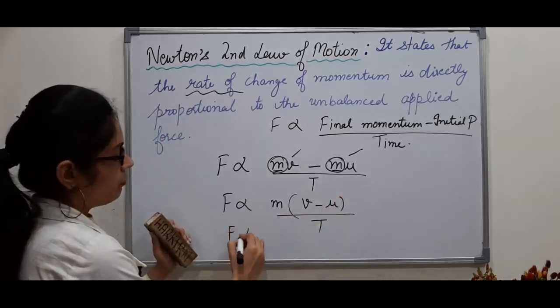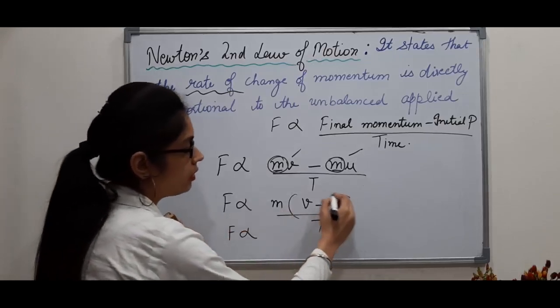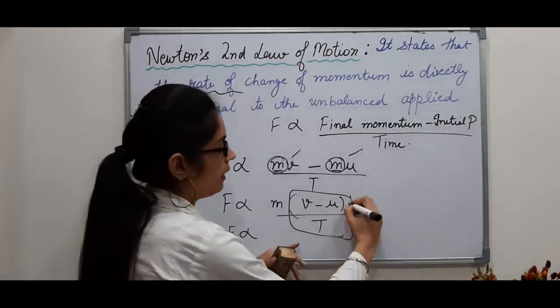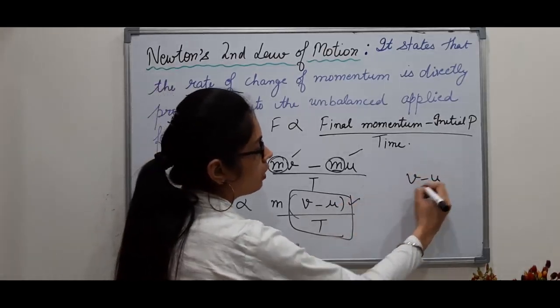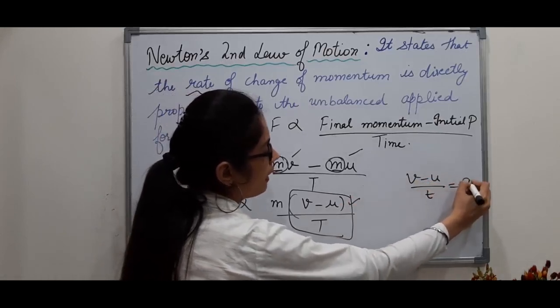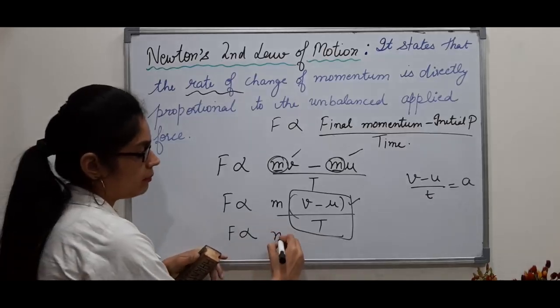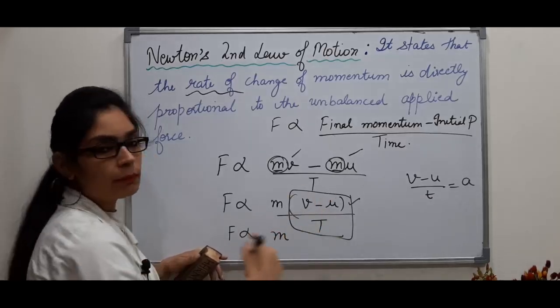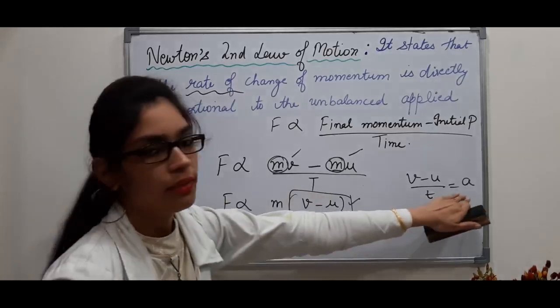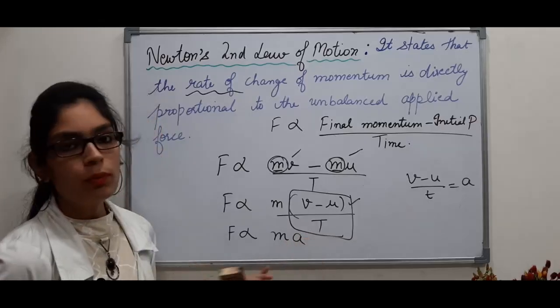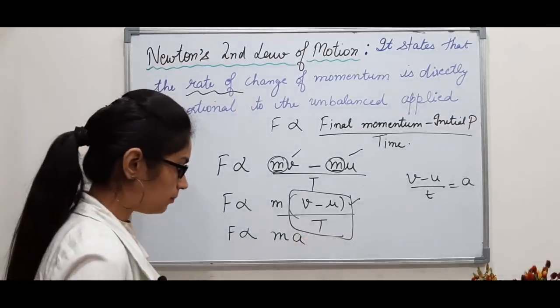So I got F is equal to, now we have already learnt in the chapter Motion that v minus u upon t is equal to acceleration. So from here we got force is directly proportional to, I am just substituting the value of a, mass into acceleration.